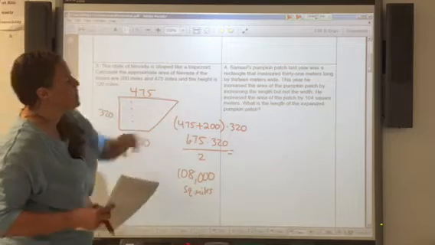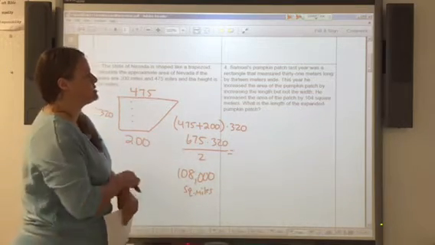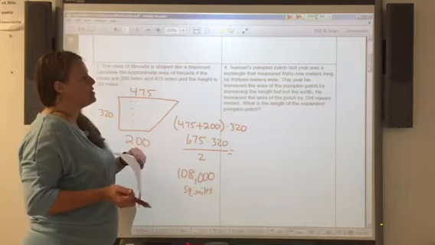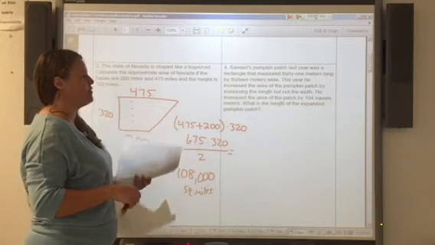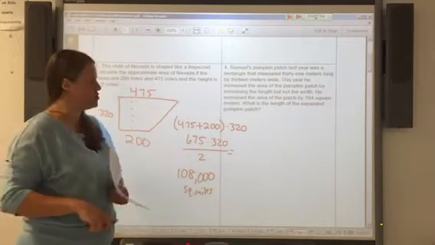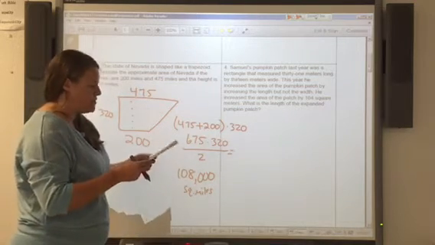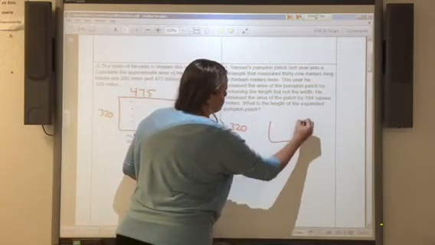Number 4, Samuel's pumpkin patch last year was a rectangle that measured 31 meters by 13 meters wide. This year, he increased the area of the pumpkin patch by increasing the length, but not the width. He increased the area of the patch by 104 square meters. What is the length of the expanded pumpkin patch? So for this one, I started off with drawing a rectangle.